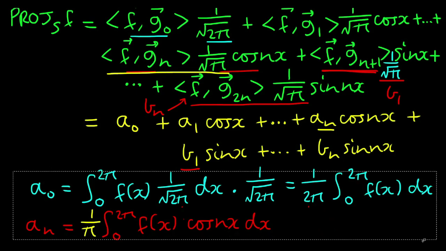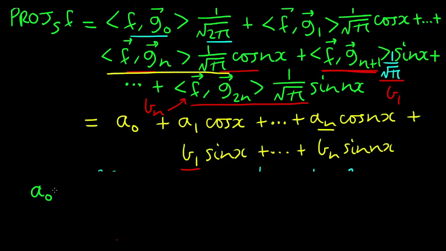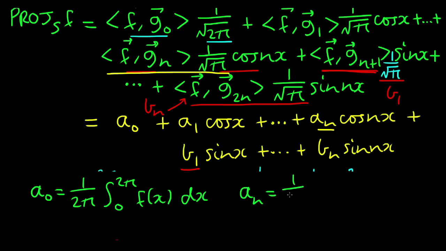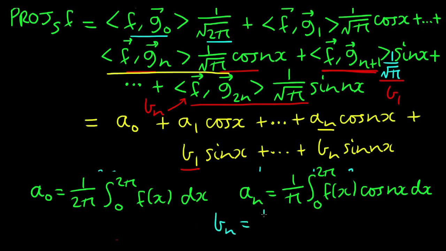And if you do that, we can write a0 as 1 on 2 pi by the integral of f of x with respect to x, and the coefficients a1 to an can generally be written as 1 on pi by the integral of f of x by the cosine of nx with respect to x, and we can write the bn coefficients as 1 on pi by the integral of f of x by sine nx with respect to x.